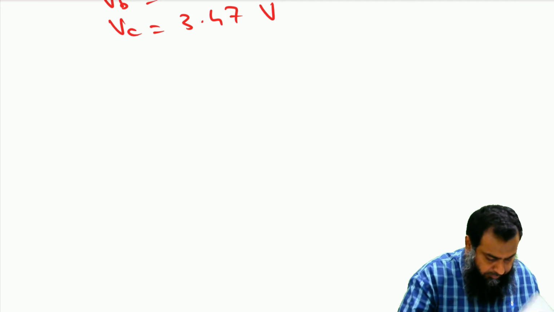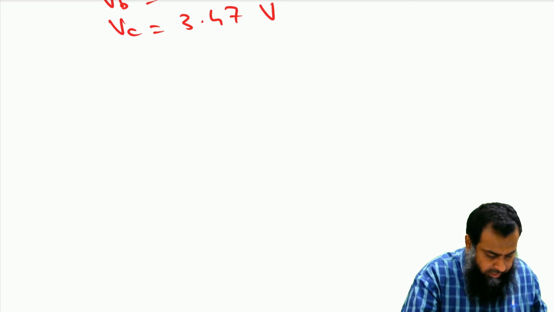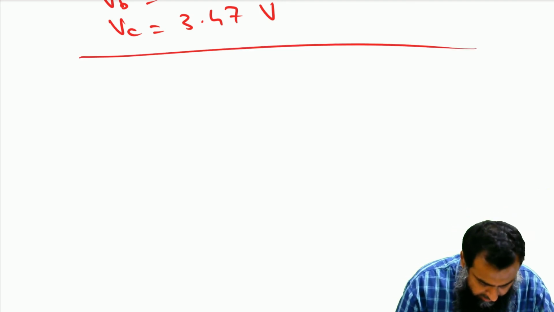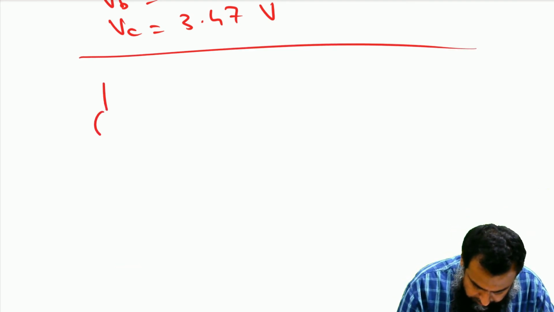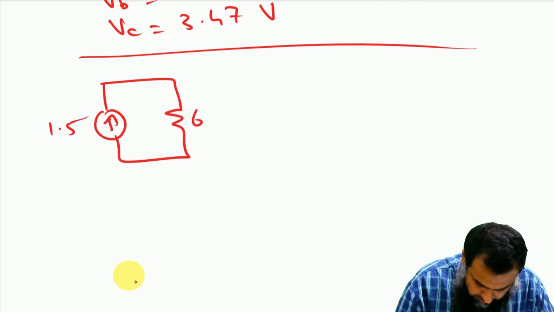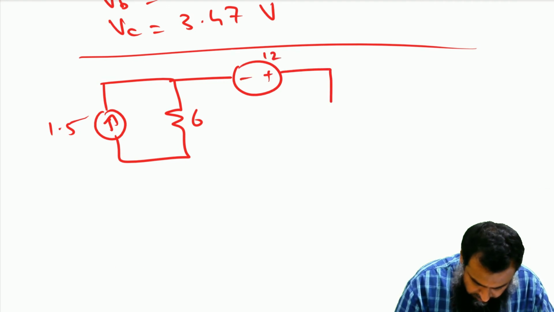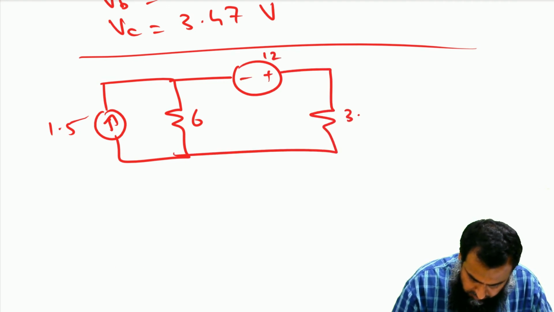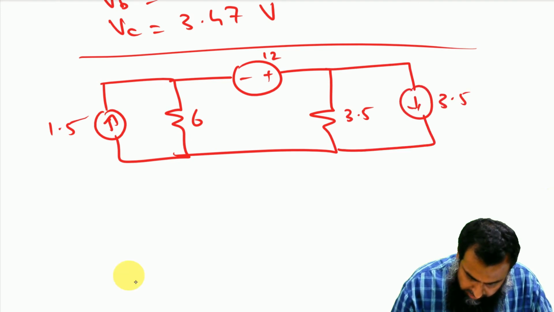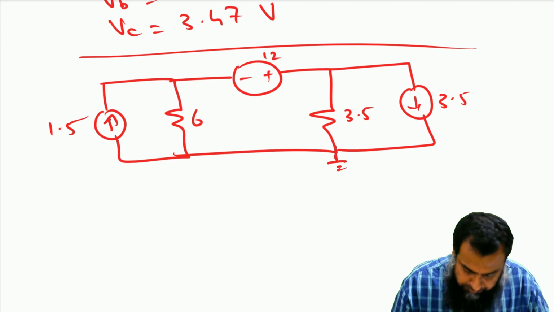Now, as a last step, let us see that we have a circuit here, and we assume that this is a ground node.